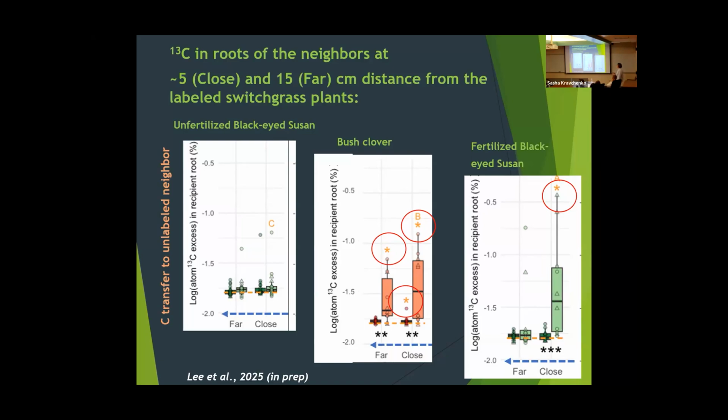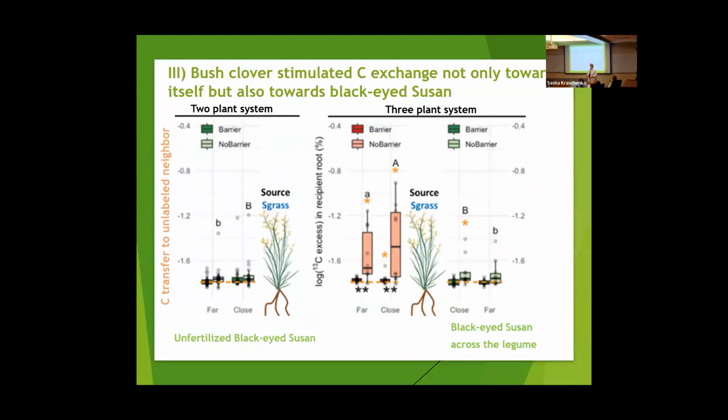And now we did see quite substantial carbon transfer from switchgrass to this nitrogen-rich black-eyed Susan. So clearly, nitrogen availability is a big driver of why another plant would want to exchange carbon with you or give you carbon.